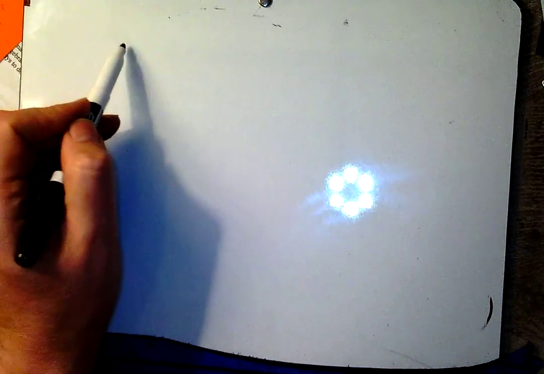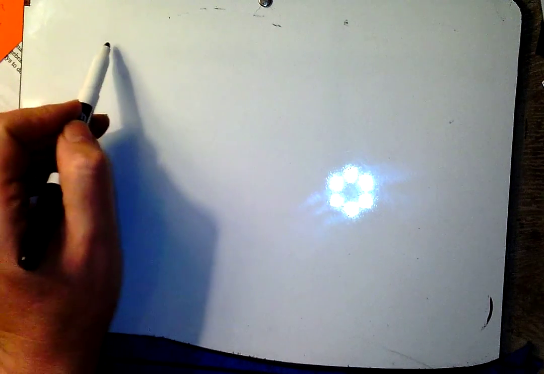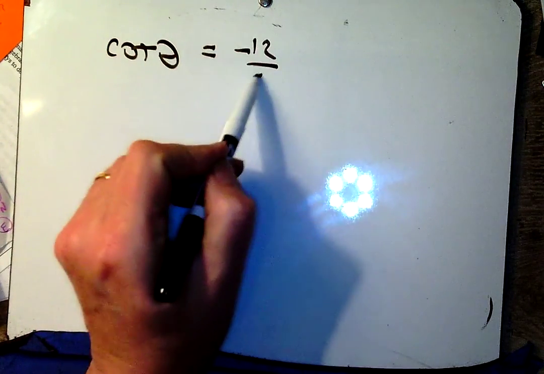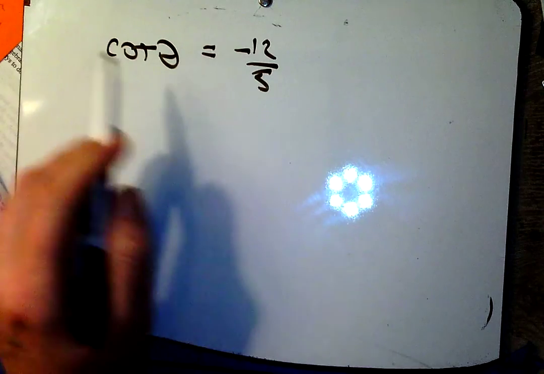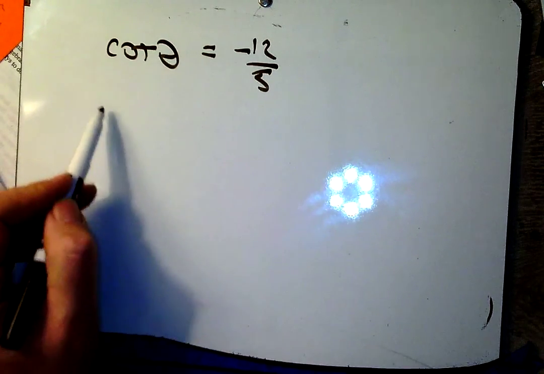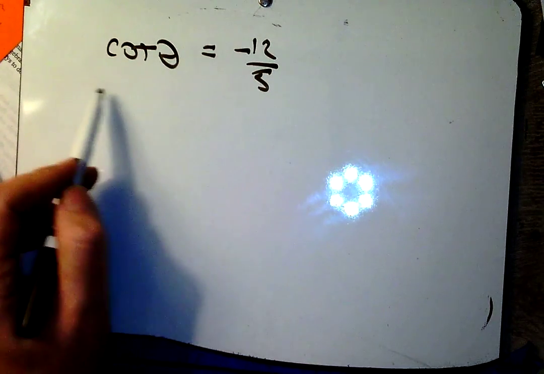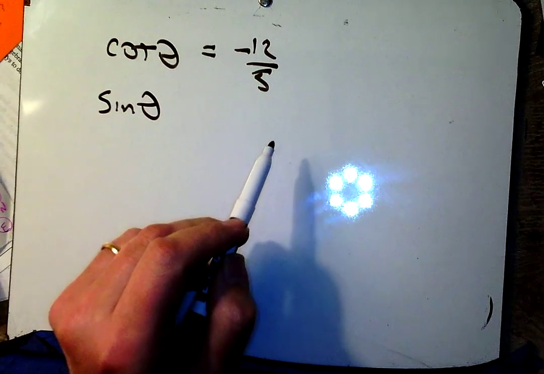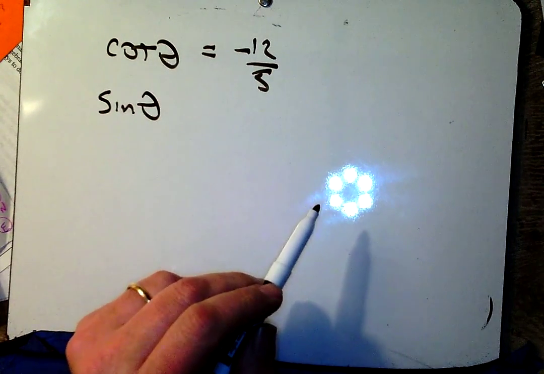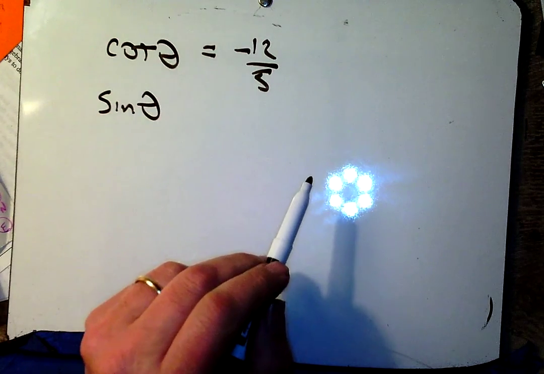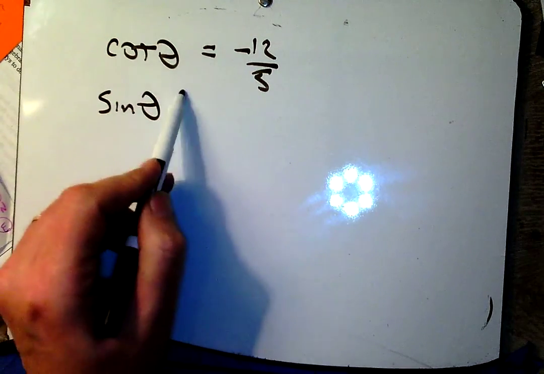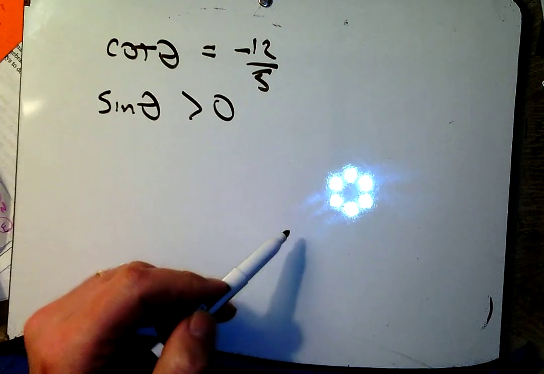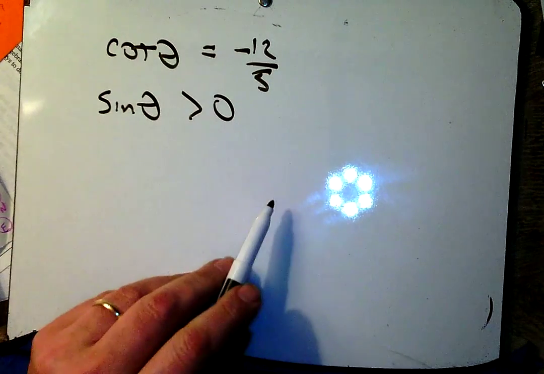How about this one? Cotangent theta is negative 12 over 5, and we know that sine of theta is greater than 0. Okay, and what would I like you to figure out?